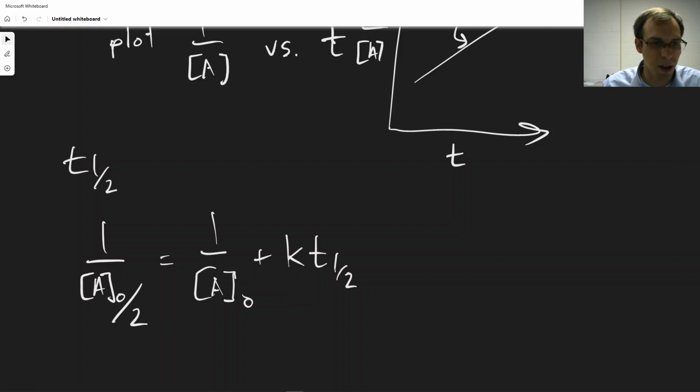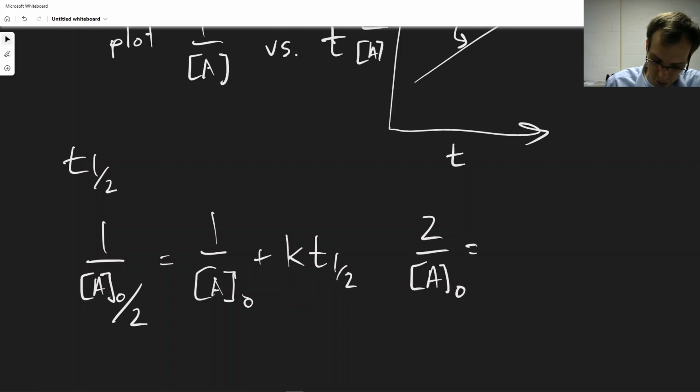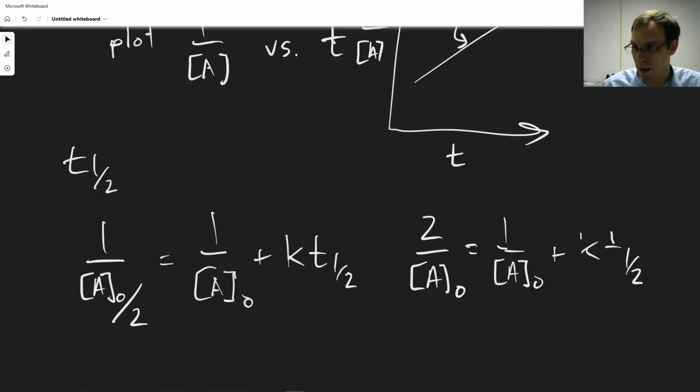And then we can solve this for t1/2. We will get 2 over A naught on the left-hand side is equal to 1 over A naught plus k times t1/2. Then we can solve for t1/2.